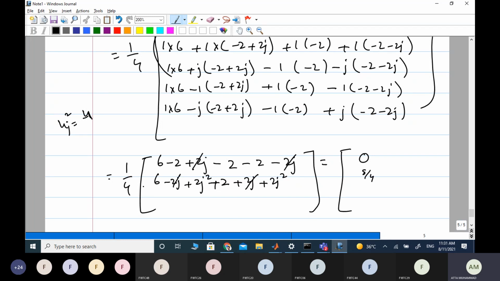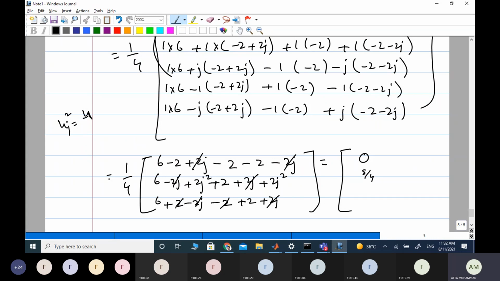Now the third row, 6 times 1 is 6, minus into plus, minus into minus plus, and minus into plus is minus 2j, plus into minus is minus, minus into minus is plus, minus into minus is plus 2j. So minus 2j plus 2j cancelled. We have a situation here. So this plus 2 and minus 2 get cancelled.